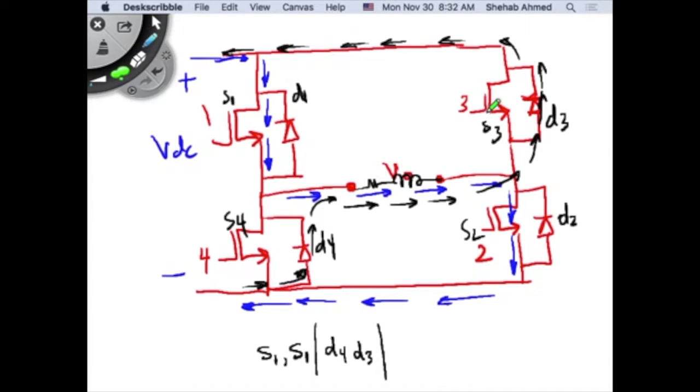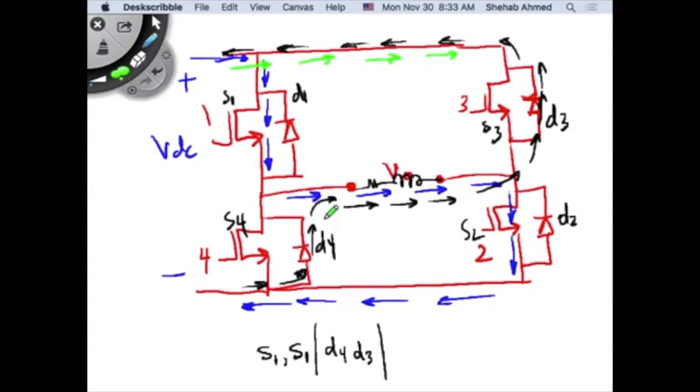So if I turn on S3 and S4, what happens? Remember, the inductor current here is now being opposed by the DC supply. Initially it was supplied by the DC supply, right? Now there's voltage opposing current.